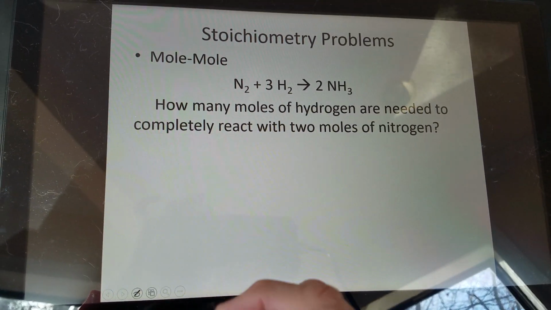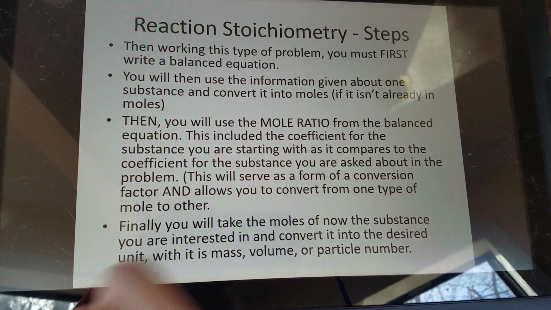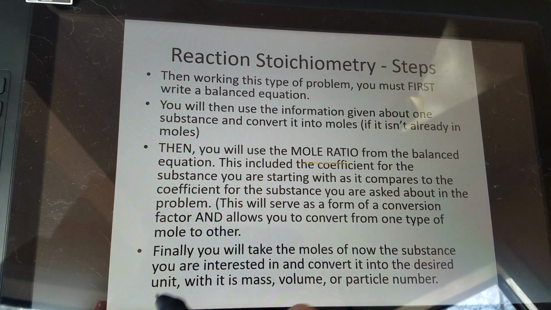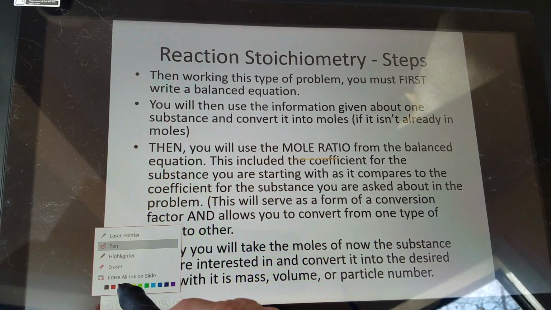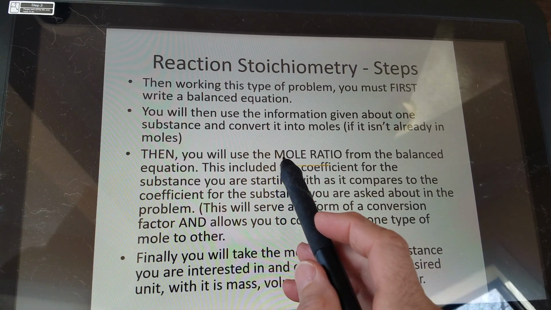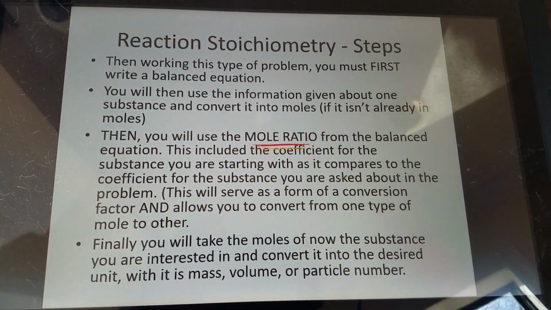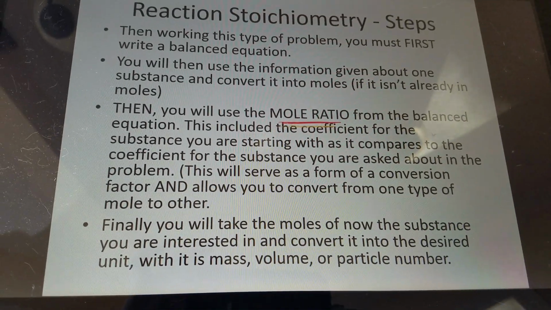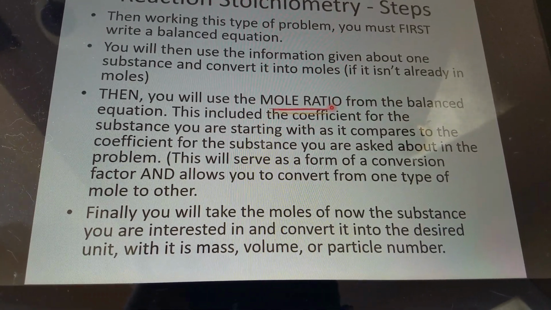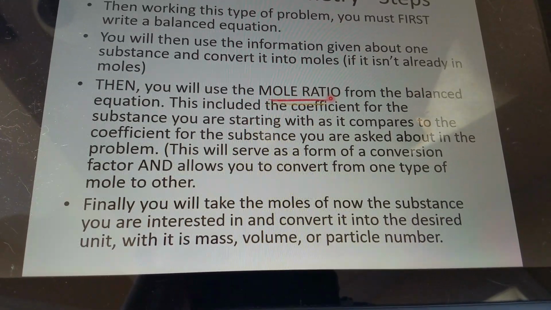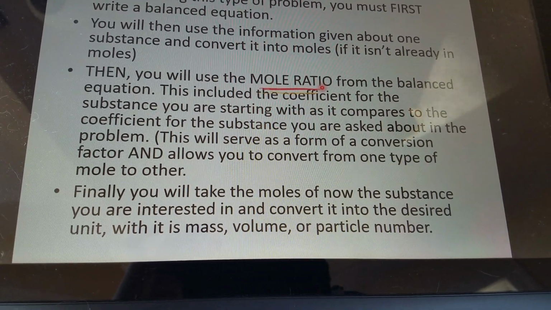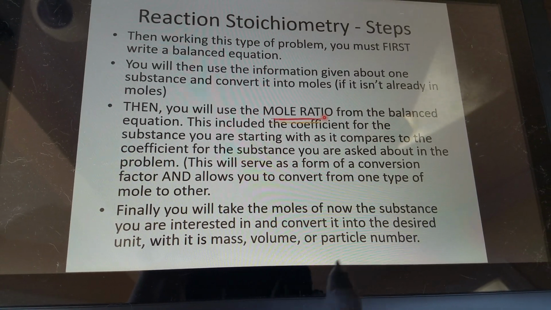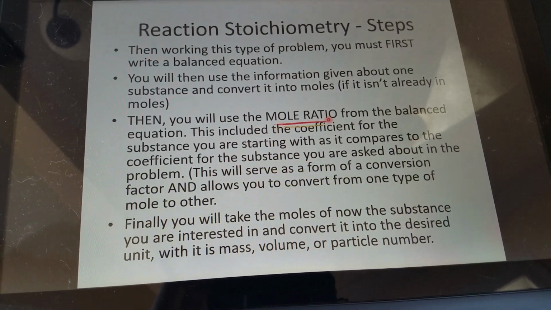The mole ratio is the relationship between the moles of the substance that you started with and the moles, or coefficient, of the substance you're looking for. We'll look at some of those as we go. Once you get to the substance you're interested in, you can convert that into either mass, volume, or particle number. So we're going to do this step by step.